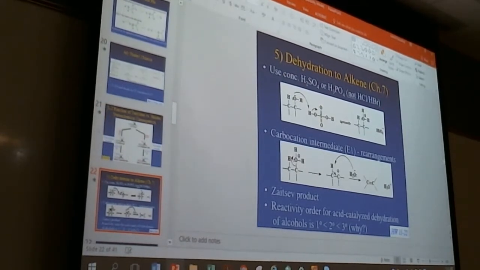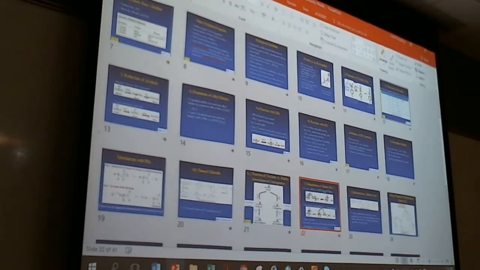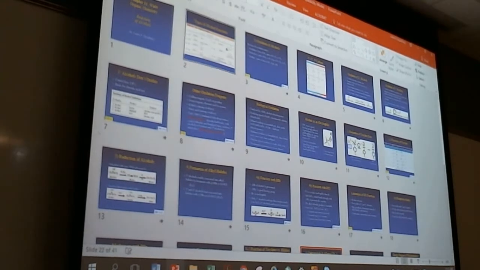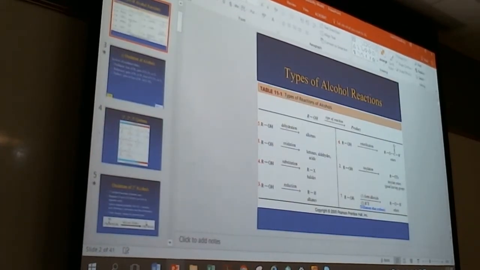So we were looking at different reactions, and all this chapter is about reactions of alcohols. So we looked at oxidation to form ketones, aldehydes.